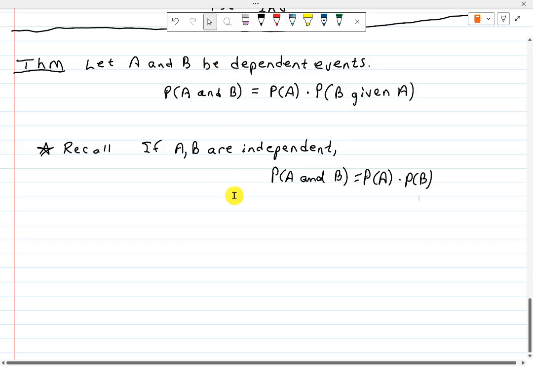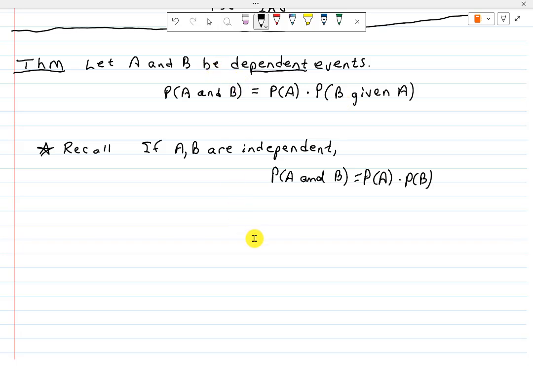Or you can use the two different formulas. So these are dependent events and these are independent events. That's what it means mathematically when we do our computations.